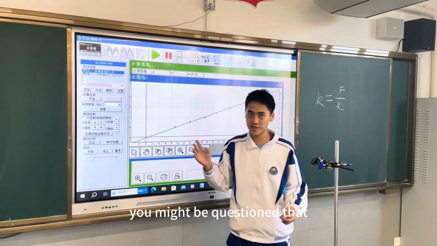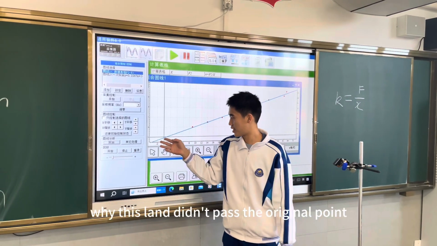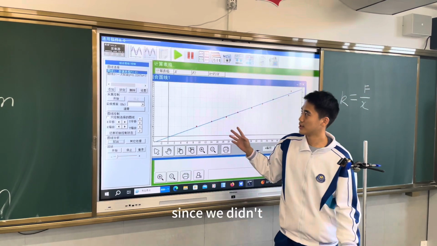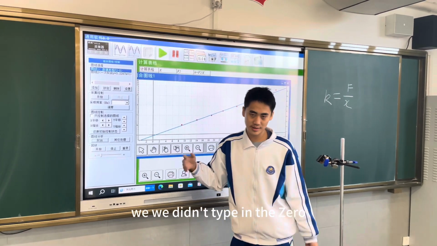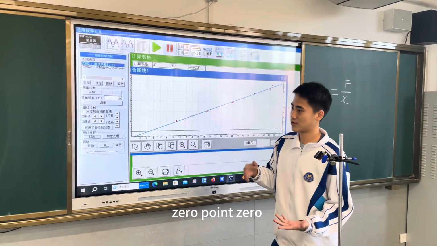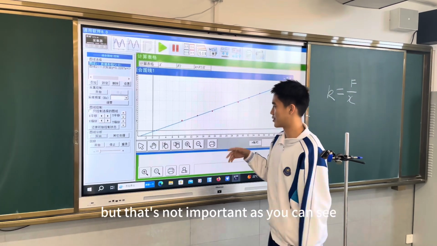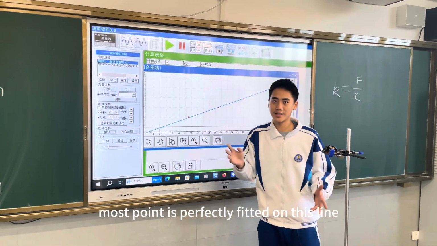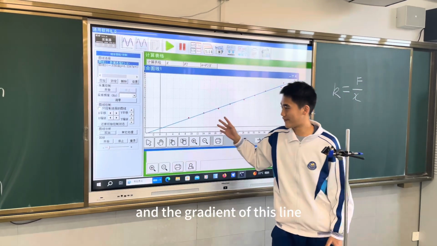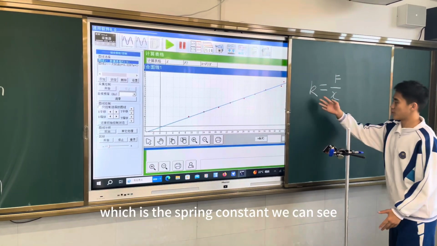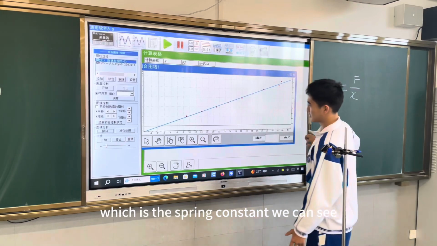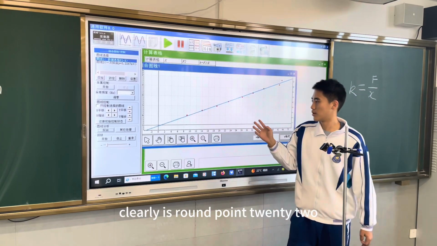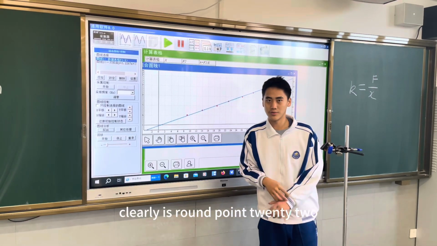You might wonder why this line doesn't pass through the origin, since we didn't type in the 0,0 point, but that's not important. As you can see, most points fit perfectly on this line, and the gradient of this line, which is the spring constant, we can see clearly is around 0.22.